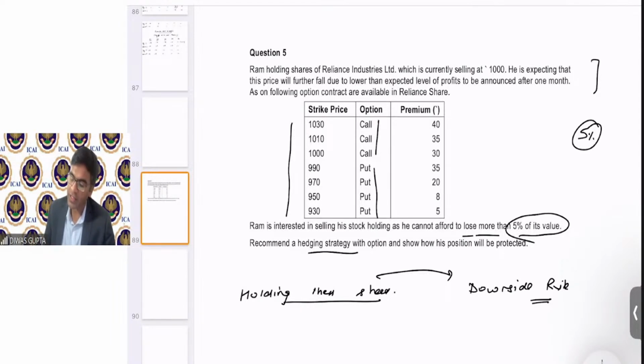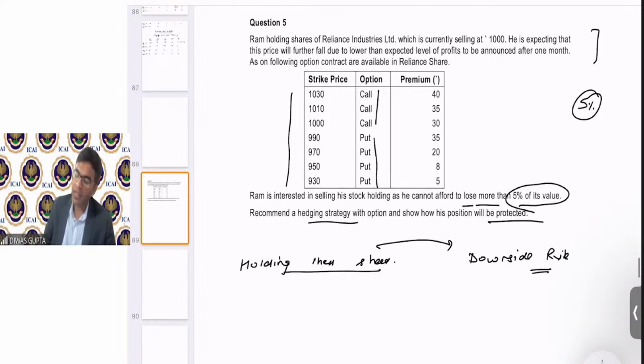Recommend a hedging strategy with option and show how its position will be protected. Yes, students, tell me. Ram is already holding these shares. So there is a downside risk. Correct. There is a downside risk. How will Ram protect his position?